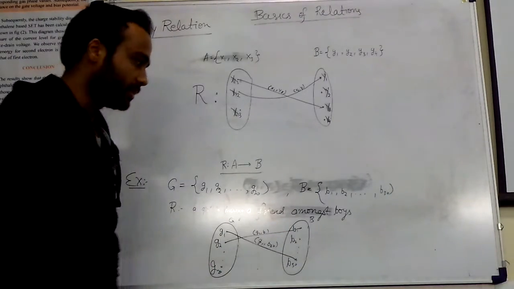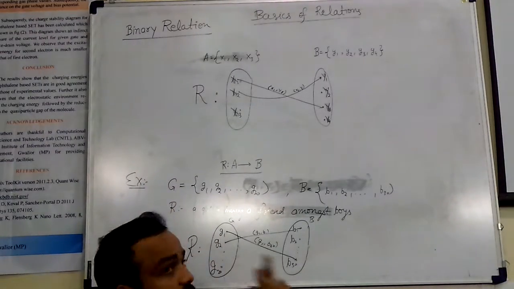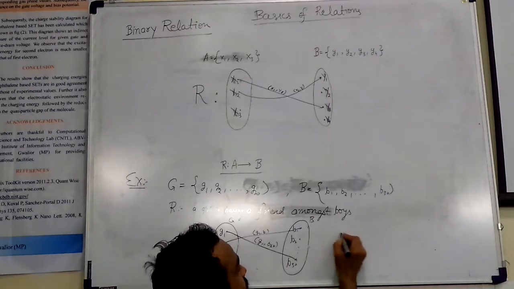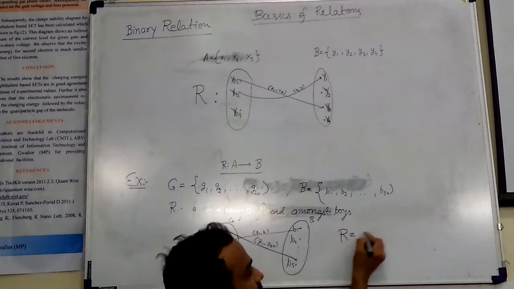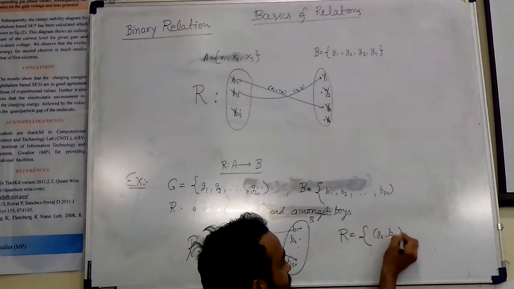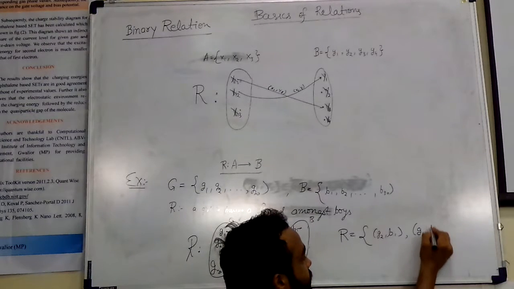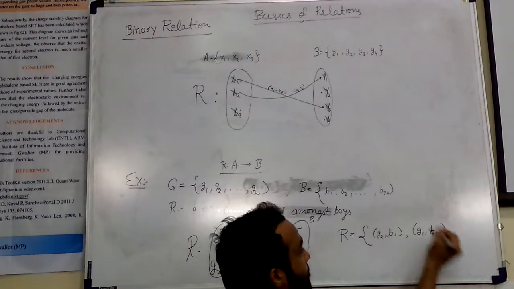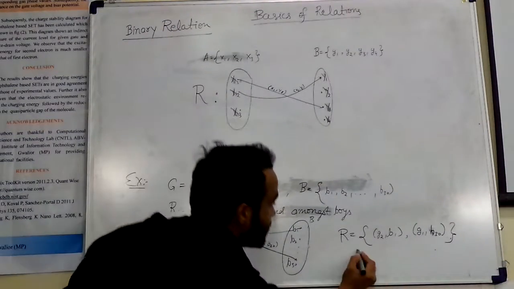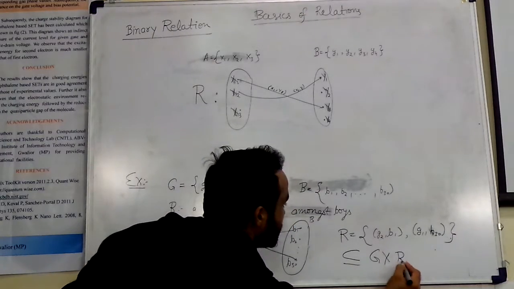I say that there is a relation R from set G to B, and R is a set containing the sequences (G2, B1) and (G1, B30), which is obviously a subset of G cross B.